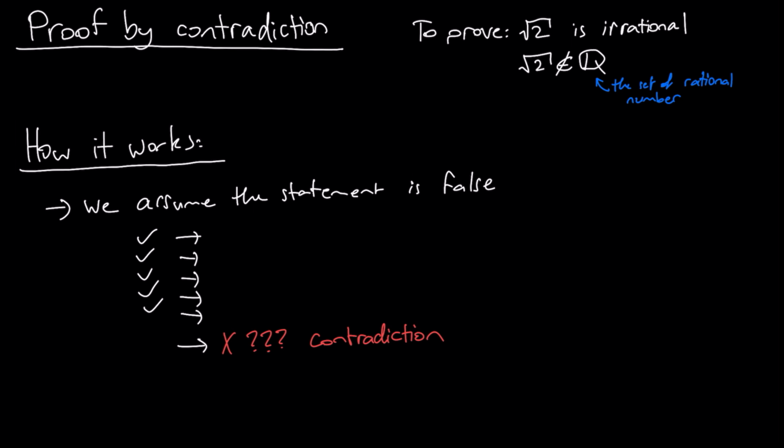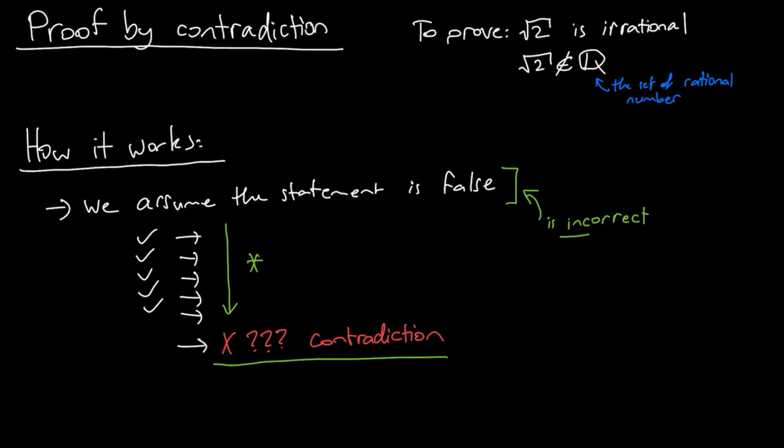So the thinking behind a proof by contradiction is that if we assume that the statement is false and then perform a lot of correct logical steps and reach something which doesn't make any sense at all, it's a contradiction, it must be the case that our initial assumption is incorrect. Because it can't have been any of these steps which were incorrect. All of those were correct.